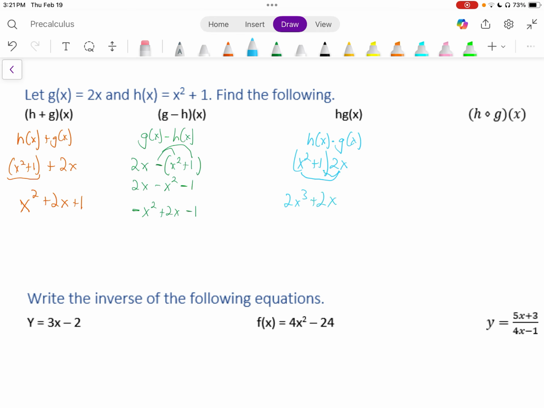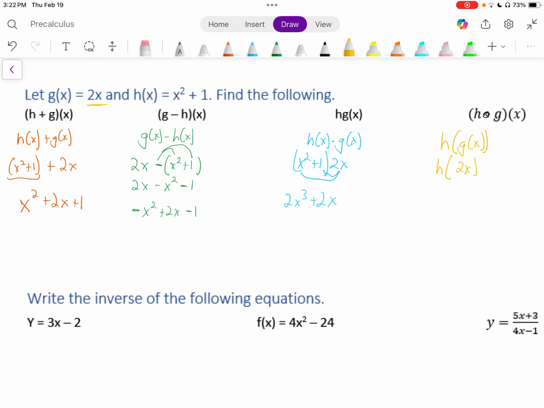And so the last one here, this is supposed to be a circle. So this is composition. This is h composed with g of x. So we remember that this is h of g of x. Well, g of x is 2x.